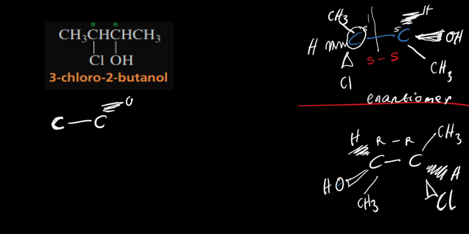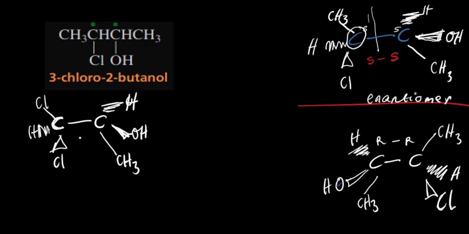So we have a hydrogen here, we have a solid wedge with this, and then we have CH3. We're interchanging methyl and chlorine. So chlorine would be here, then of course we'd have a hydrogen, and now methyl takes the place of chlorine with this molecule.